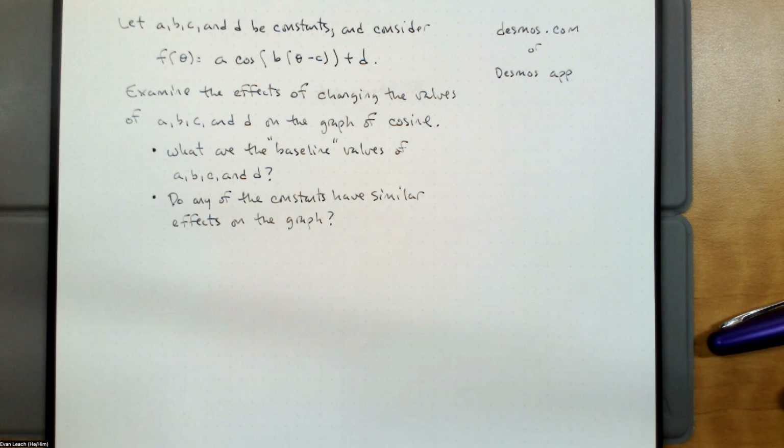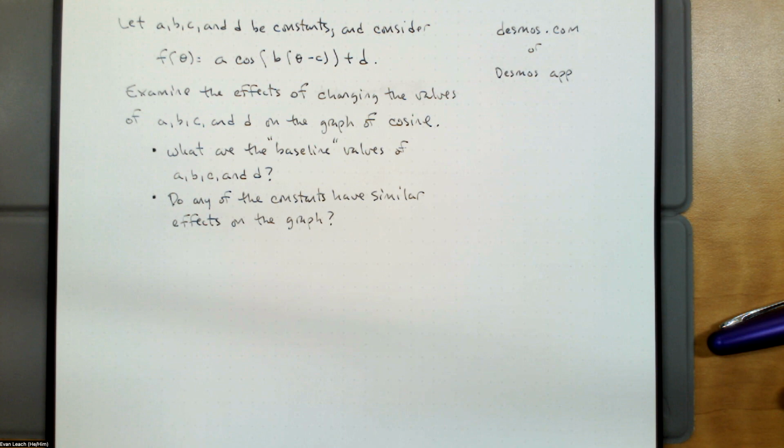Oh, yeah, Desmos app. It's free. So we're going to gather into teams and we're going to figure out what effect changing those constants have. The things that I want you to think about while we think about the changes is what are the baseline values of A, B, C, and D? What's the default setting for those numbers?